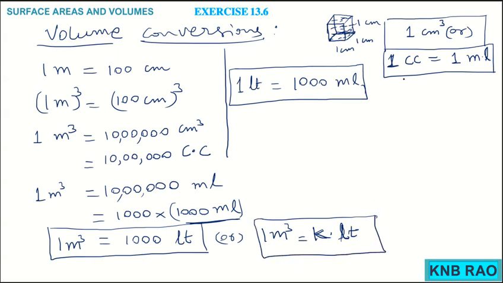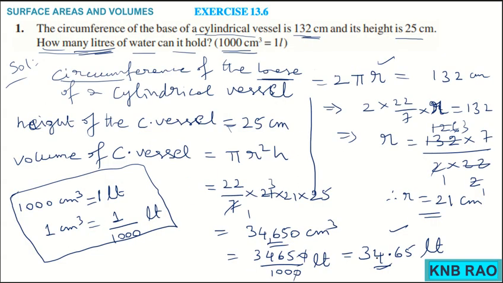Here, the very important ones I have drawn as boxes: 1 cc equals 1 ml, 1 liter is 1000 ml, 1 meter cube is 1000 liters or 1 kiloliter. This is how we have volume conversions between centimeters and quantity in liters. With this knowledge, the previous question you can definitely convert.